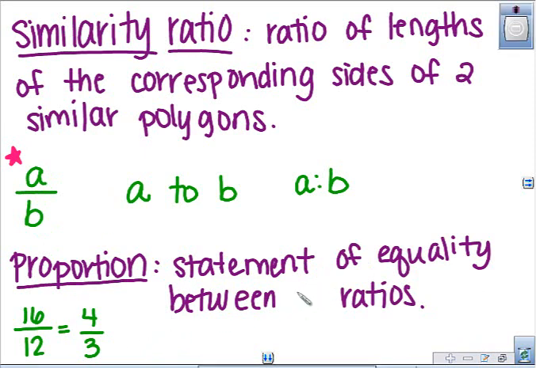So you have two ratios, in this case 16 is to 12, as 4 is to 3, because we can reduce 16/12ths to 4/3. Those are equal, so it's a statement of equality, and these are proportional. When you have a proportion with a missing piece, remember you cross multiply to solve for that missing piece, and that's how we'll solve for missing sides of similar figures.